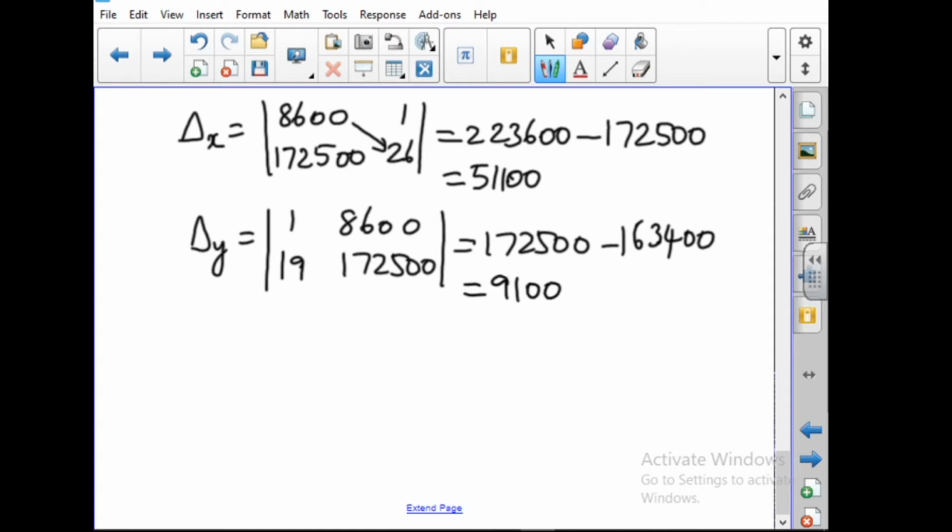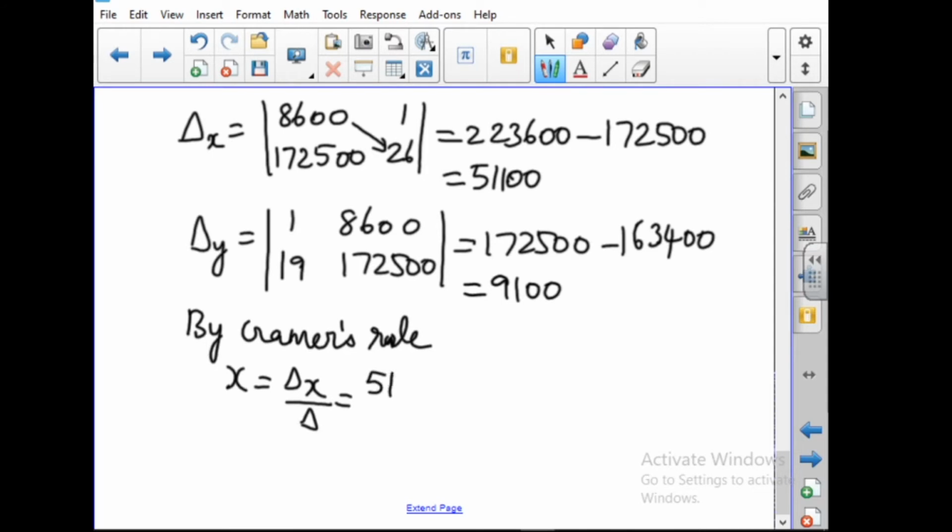Now by using Cramer's rule, since it is asked to find using the determinant method, x is equal to delta x by delta, that is 51,100 divided by the delta value 7, equal to 7,300.